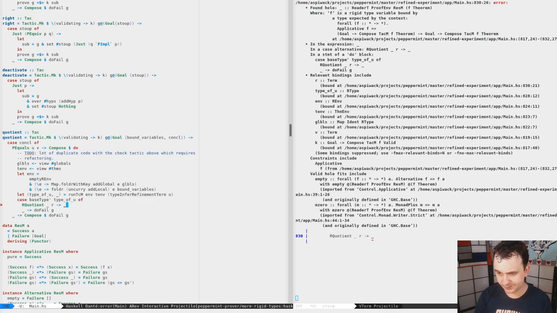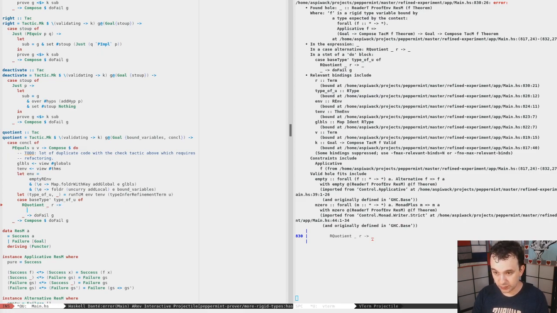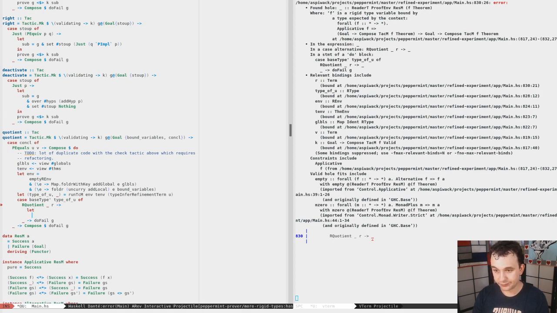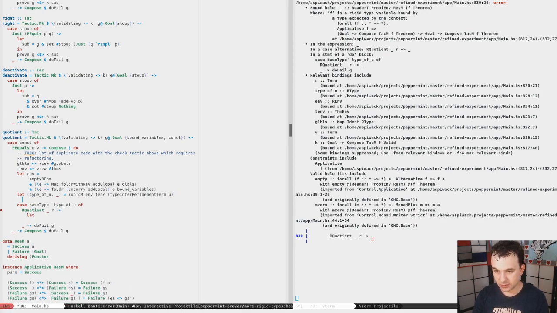Okay. So if it's a quotient, etc., then, and finally then, we can do our thing. Which would be something like let, ignoring proof obligation, because I assume the goal to be already well typed.